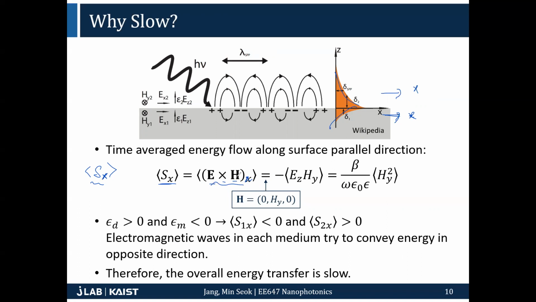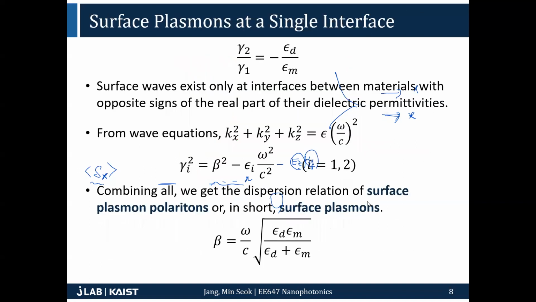And then we know that this is just a TM mode, so H only has y component. So if you do E cross H, this is nothing but minus Ez Hy. And then Ez and Hy, you can calculate Ez from Hy, right? There's no problem doing that because you have Maxwell's relations.